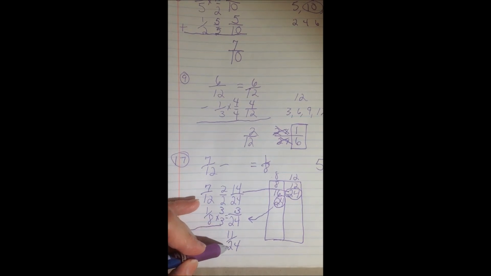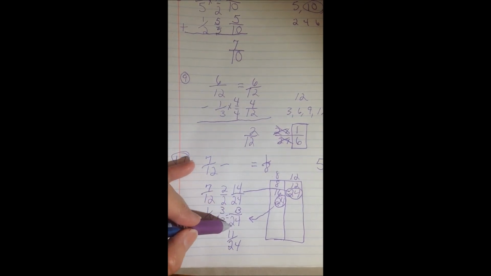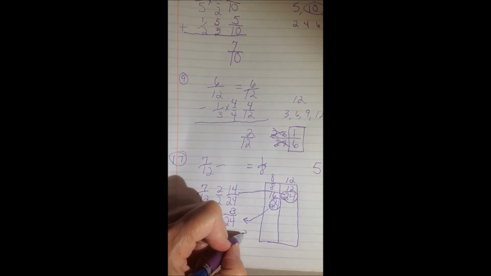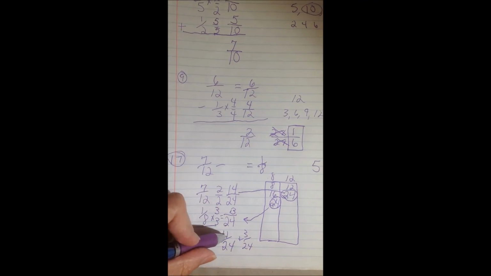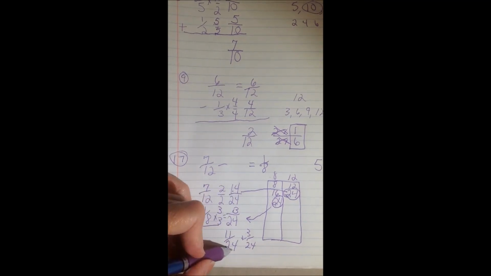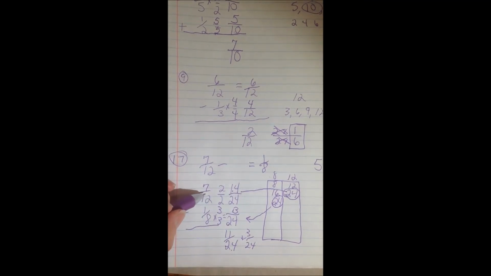So 11/24 plus 3/24 takes us back to our 14/24, which simplifies to 7/12.